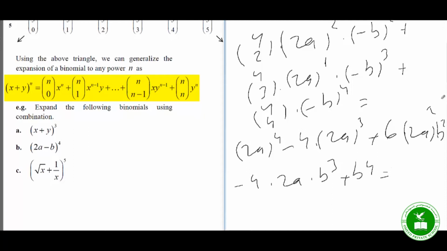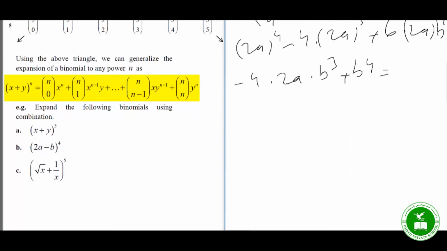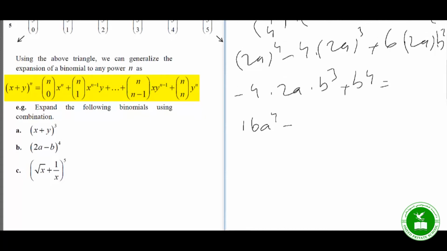Let's simplify the last expression. I mean this one. 2a to the power of 4 is 16a to the power of 4, minus 2a to the power of 3 is 8a cubed times a, here we have b also. 4 times 8 is 32a cubed b, plus 2a squared is 4a squared, so 6 times 4 is 24a squared b squared.